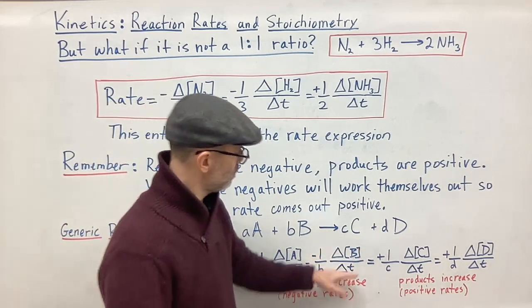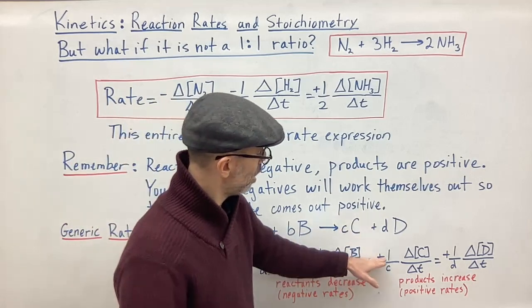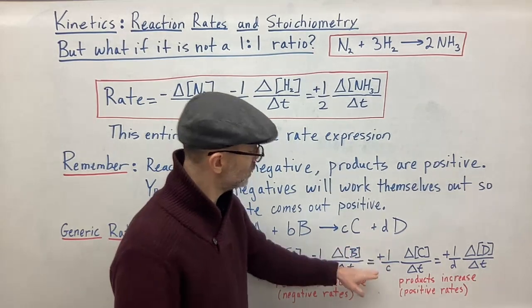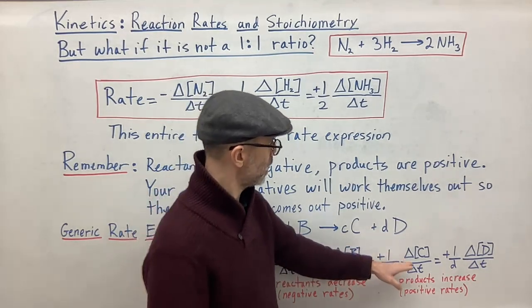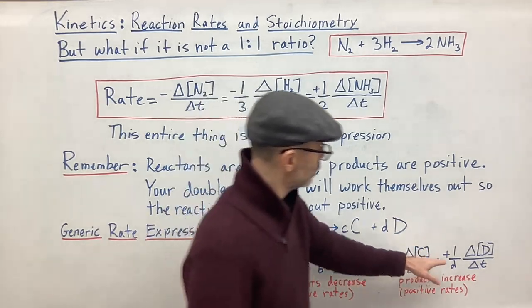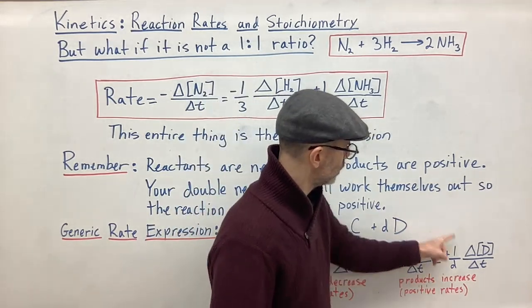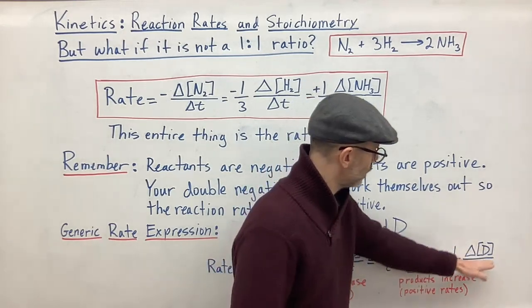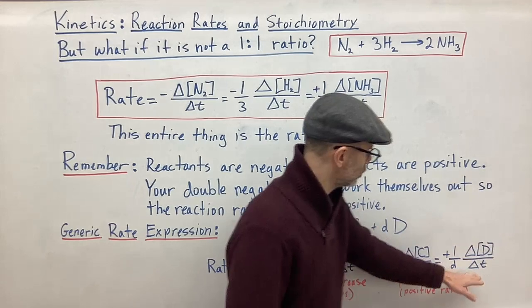And then the positive 1 over little c multiplied by the change in concentration of big C over time, which is also equal to the positive 1 over little d multiplied by the change in concentration of big D over time.